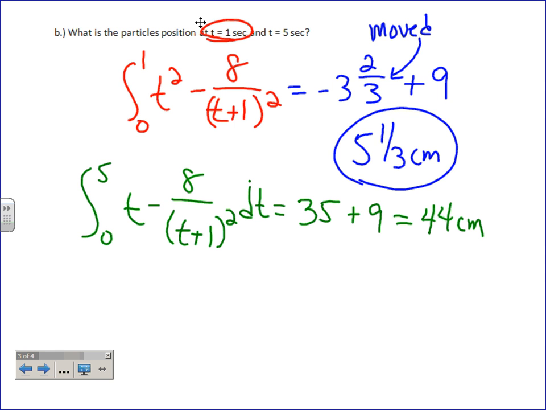Now, interesting question, this next one. So to calculate the total distance traveled over the entire 5 seconds. Total distance traveled.